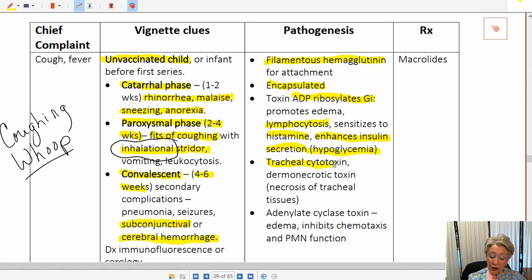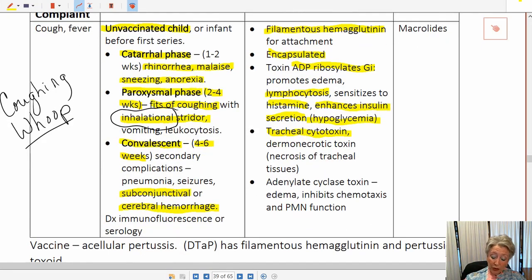The tracheal cytotoxin and the dermonecrotic toxin both cause necrosis of tracheal tissues, and the adenylate cyclase toxin is the one that inhibits chemotaxis and neutrophil function, in addition to adding on more edema.